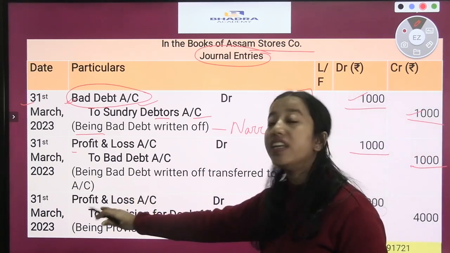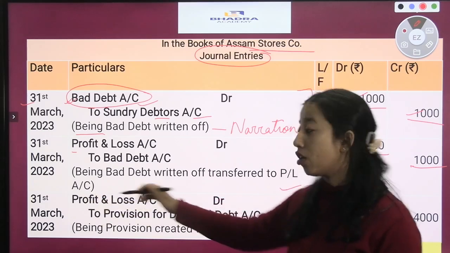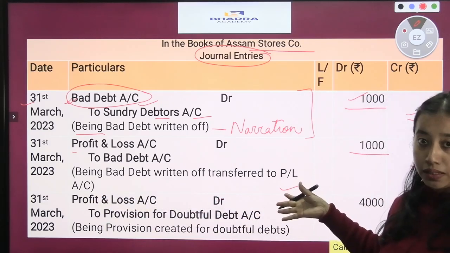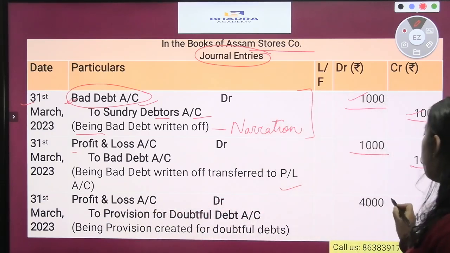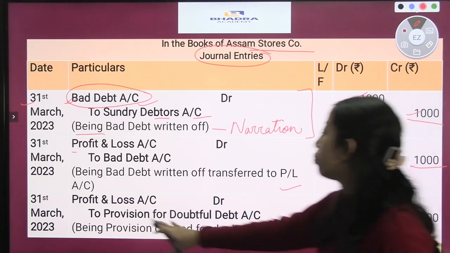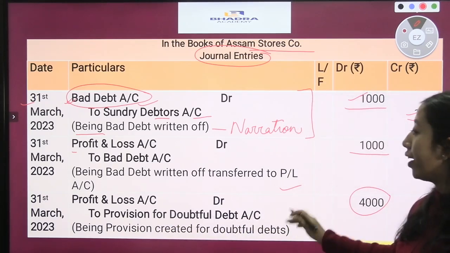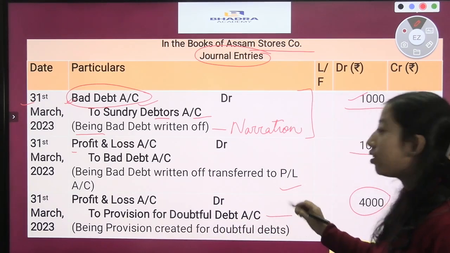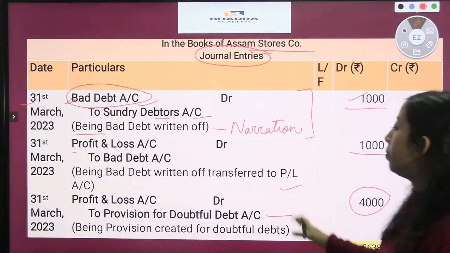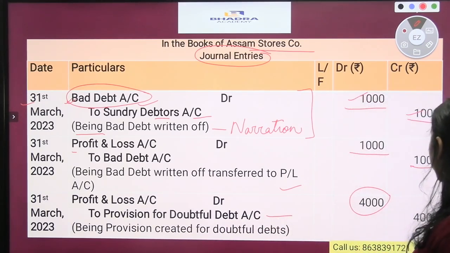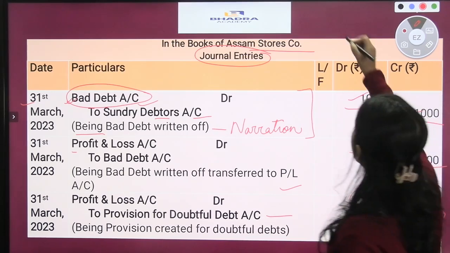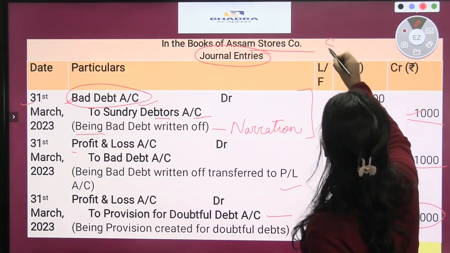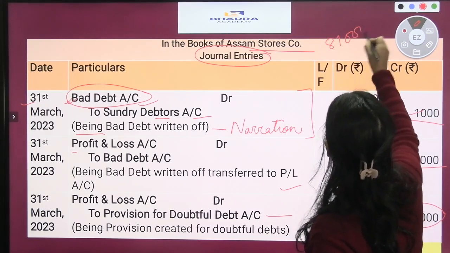We debit the profit and loss account. Why? Because it increases the expenses or losses. So we debit the profit and loss account rupees 4,000 to provision for doubtful debt account. Provision is a liability as well, so it will be credited rupees 4,000. And how 4,000? Before, the sundry debtors value was 81,000.